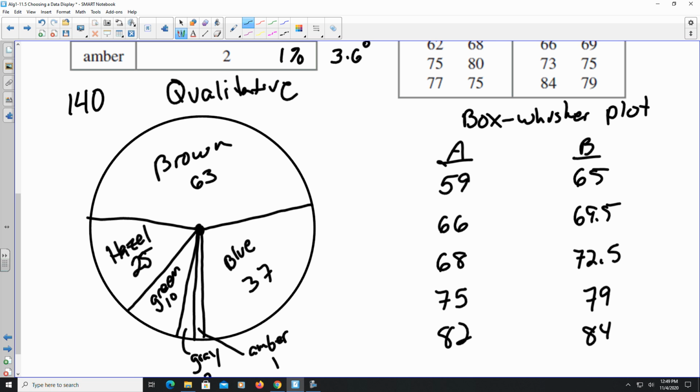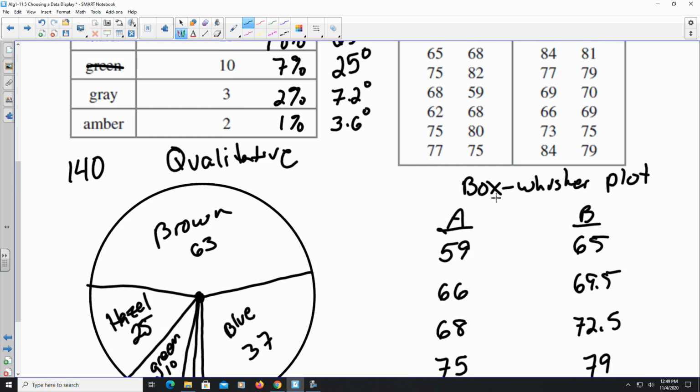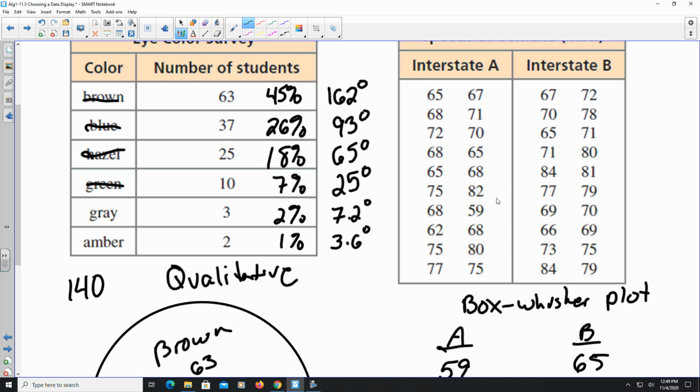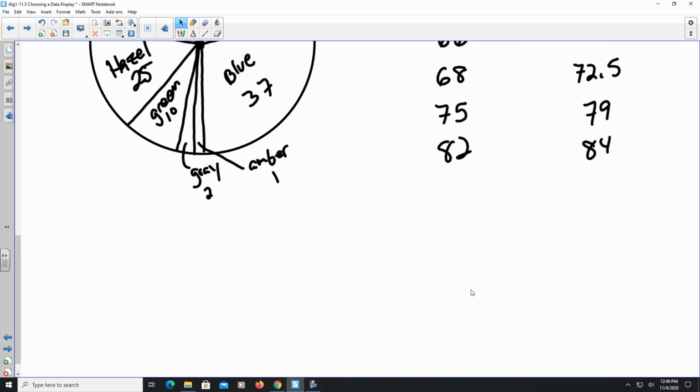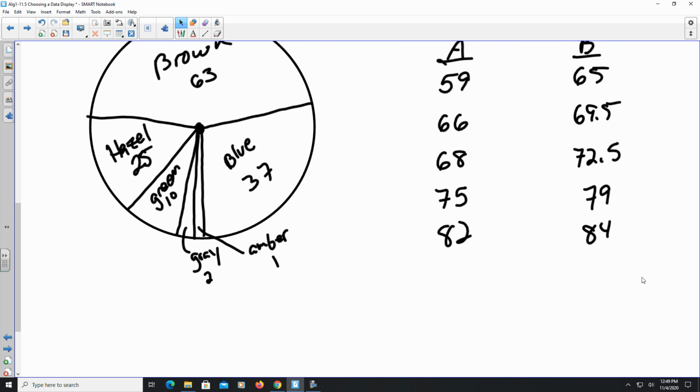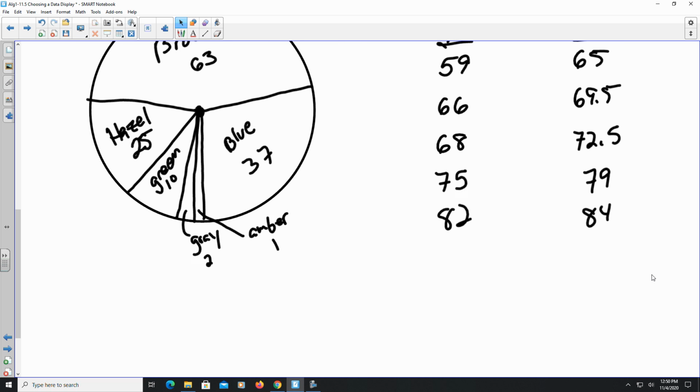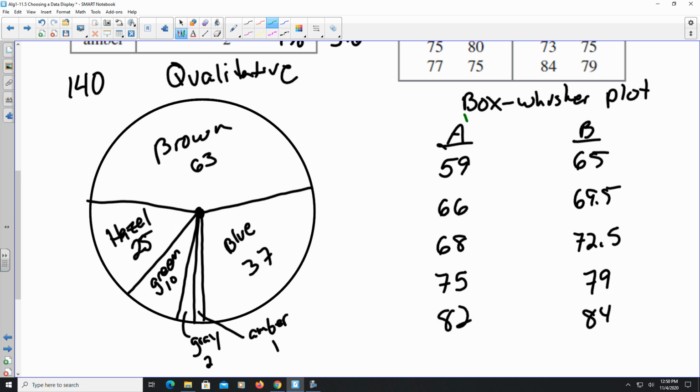Again, I encourage you to please double check that math, but that is what I believe is accurate. So if we made this into a box and whisker plot, let's say green was Interstate A, and we'll say blue is B.